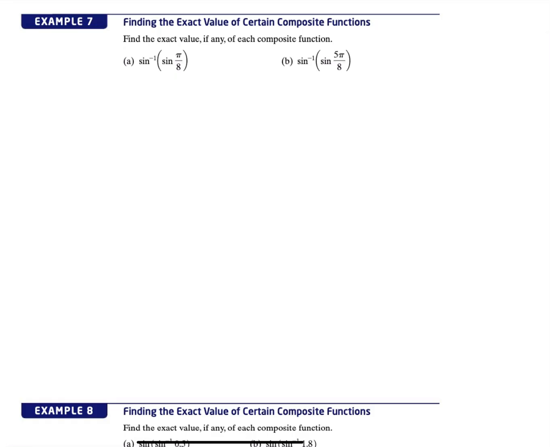So let's look at this first one. And I'll write this again. We need to be between negative pi over 2 and pi over 2. That's the range of inverse sine of x.